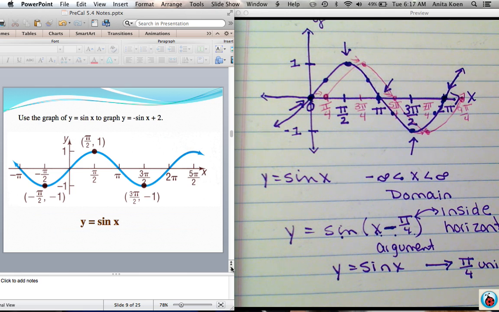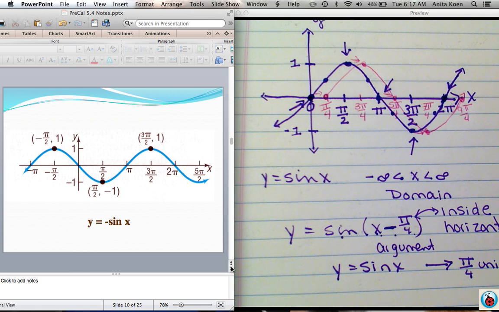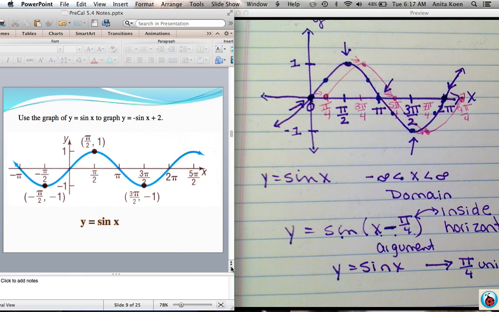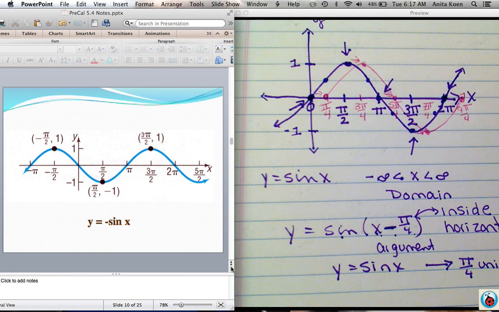Okay? So now if I wanted to take the sine of x and graph y equals the opposite of the sine of x plus 2, I hope you know that the first thing we're going to do is flip. So take a look at this. All we did here was flip the graph. This is a vertical reflection over the x-axis.